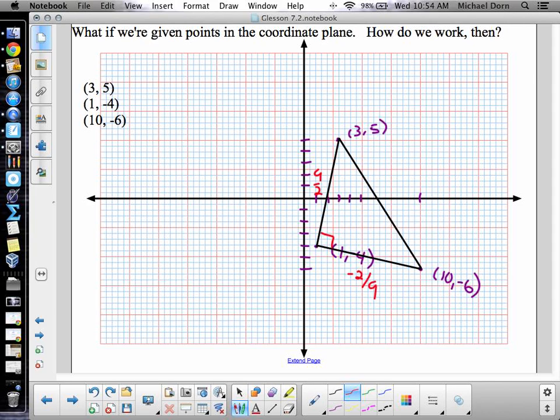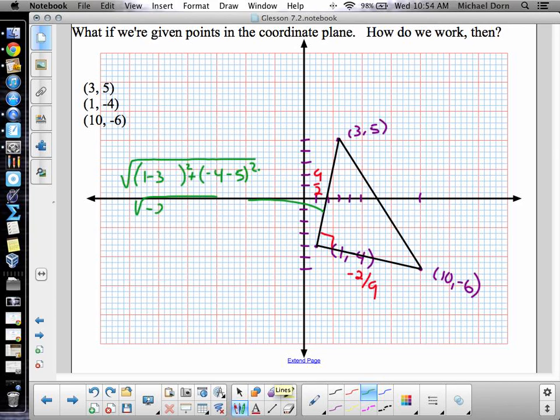You wouldn't use slope at all. You'd just use distance formula for all 3 sides. You'd have to do 3 distance formulas. One for this side. So for this side we get the square root of 1 minus 3 squared plus negative 4 minus 5 squared.